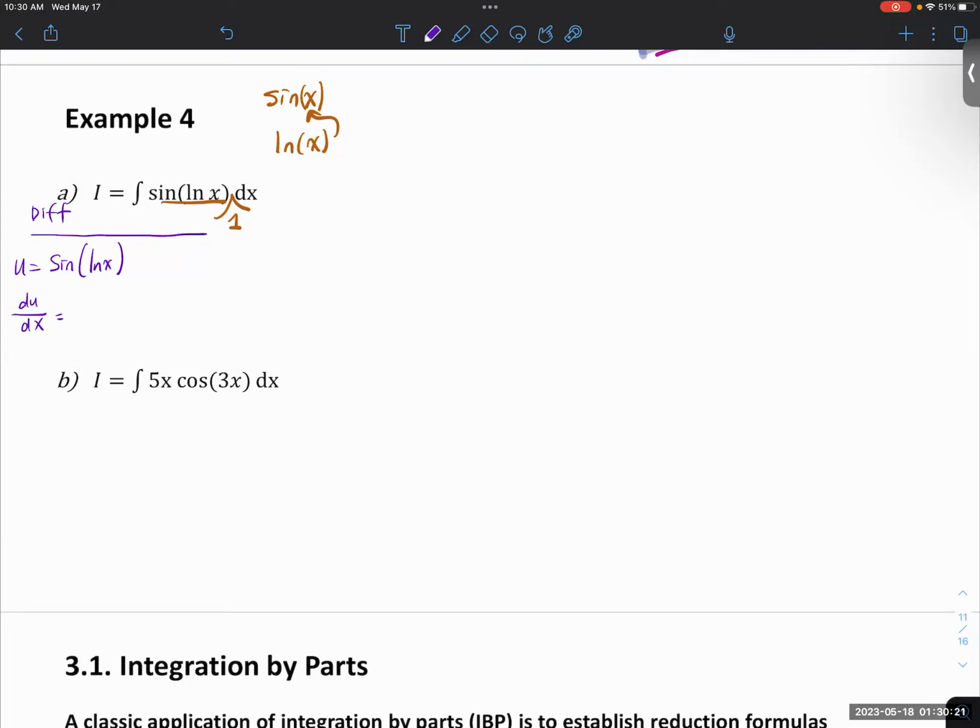Remember, many people maybe forgot, d over dx of sine x is cosine x. And then if you have a sub function like nx, a constant, it's 1 over n cosine x. So therefore, what are you going to do? Actually, you're going to keep the same ln x here.